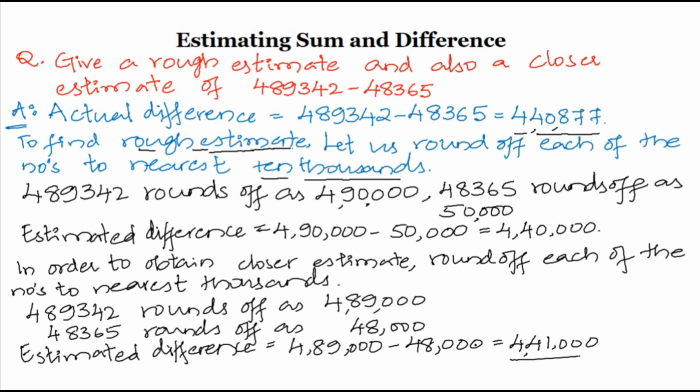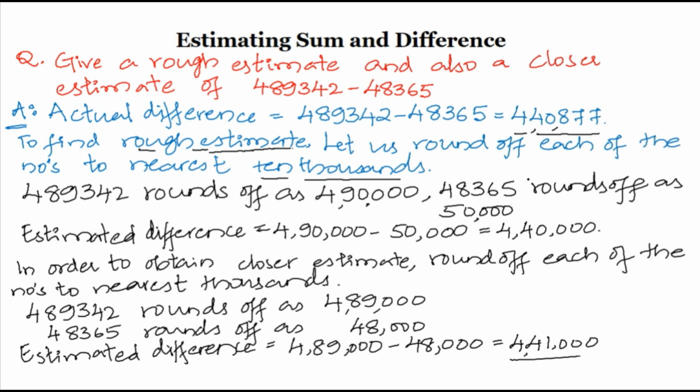Look at the differences we obtained. The closer estimate is 4,41,000 because the actual difference is 4,40,977.